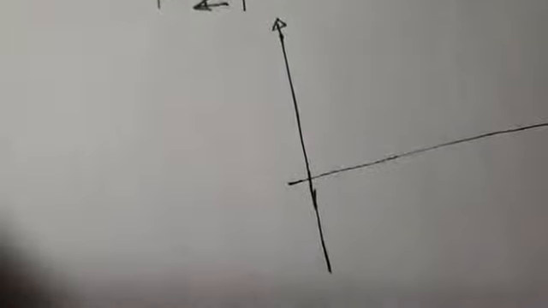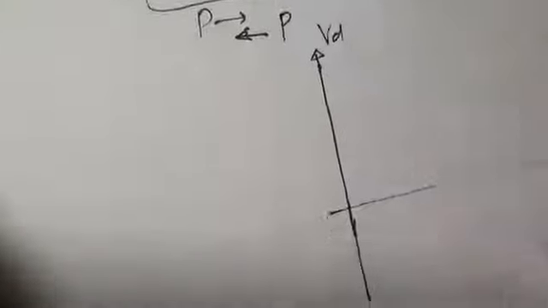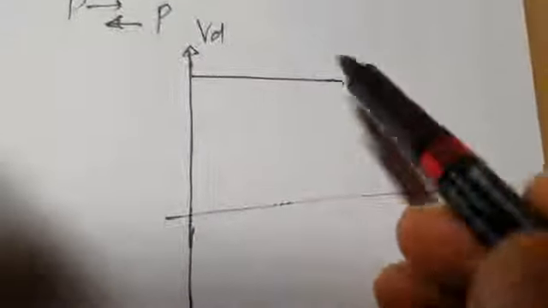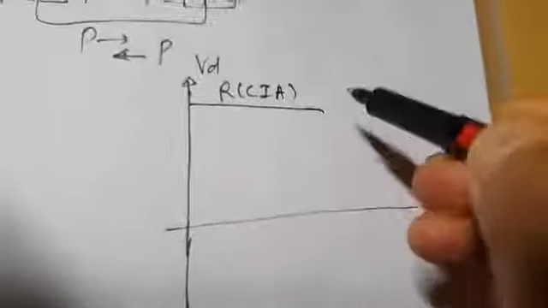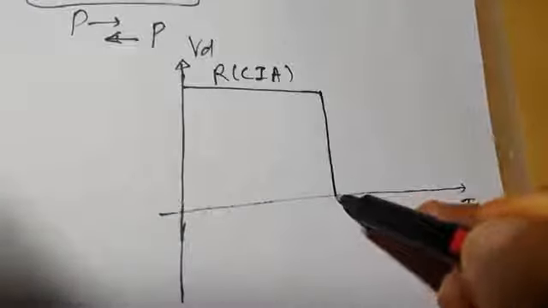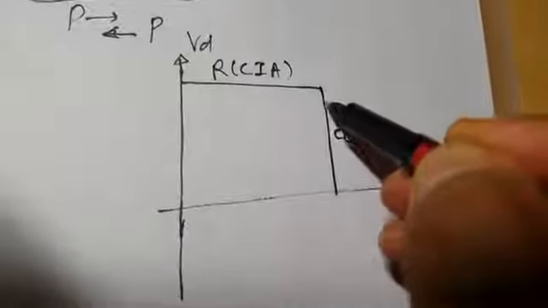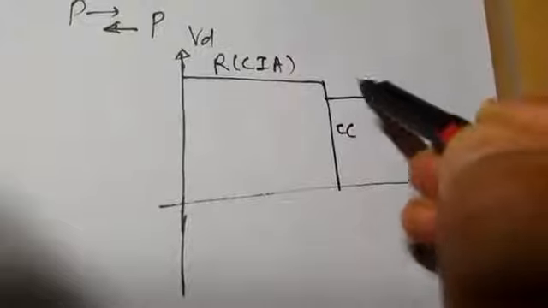So this is I_D and this is V_D. Let us first reproduce the control characteristic for the positive direction of power flow. For the positive direction of power flow, this is your rectifier control characteristic. It comprises constant ignition angle control and constant current control. And your inverter characteristic is like this.